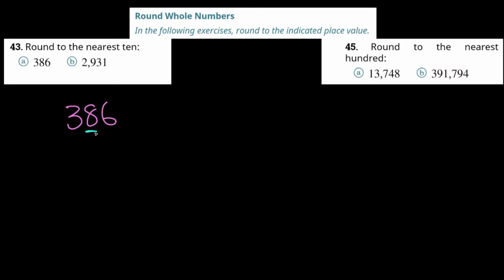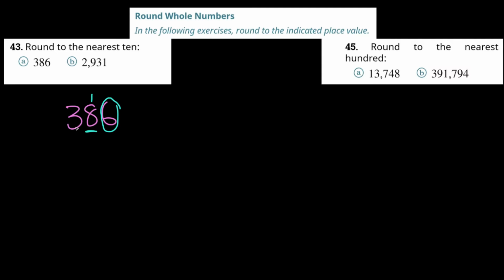Underline the tens place value, and then look at the number to its right. We have this 6. If the number is 5 or greater, then we round up, which means we add 1 to this place value. If it's 4 or less, then we round down and we just change that to a 0.